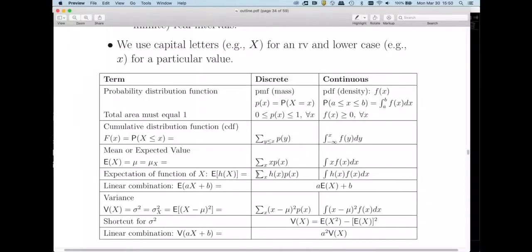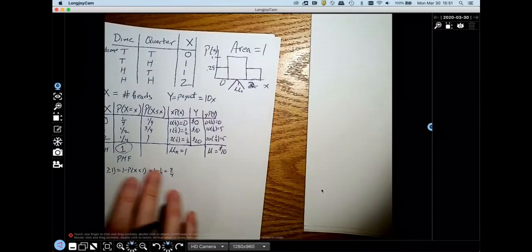Now, if we go back to my table here, there's an extremely important formula that you should know by heart. It's one of the most important formulas: we can find the expectation of a linear combination of a random variable. Let me write it out here.